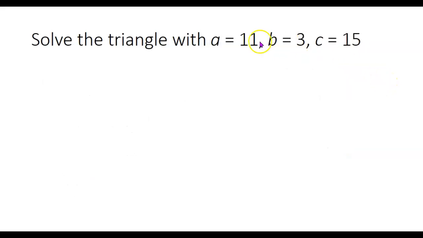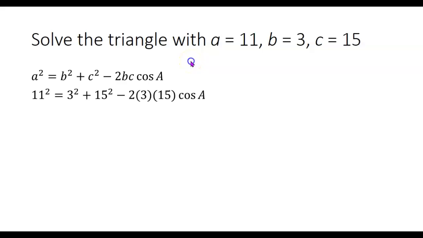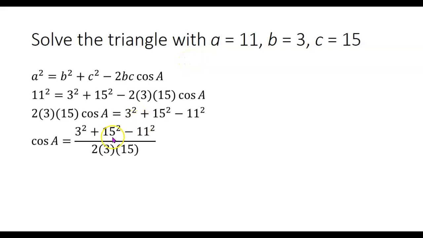Now, what about this example, which is almost like the last one? I've just changed one of the numbers. Solve the triangle with a equals 11, b equals 3, and c equals 15. So the only difference is now b is 3 instead of 13. Probably works the same way, right? Let's go ahead and do what we did last time.